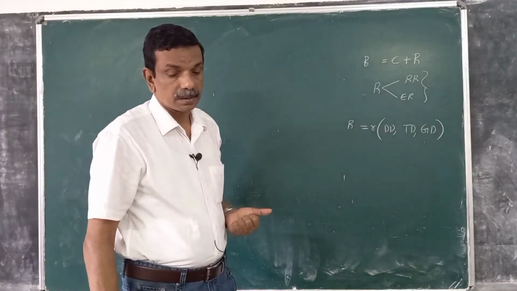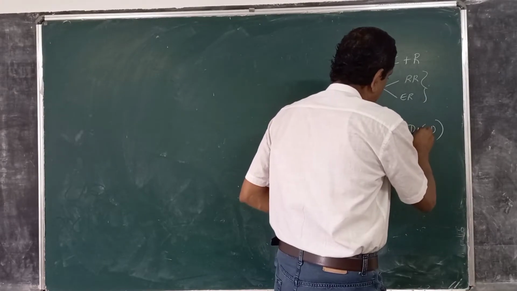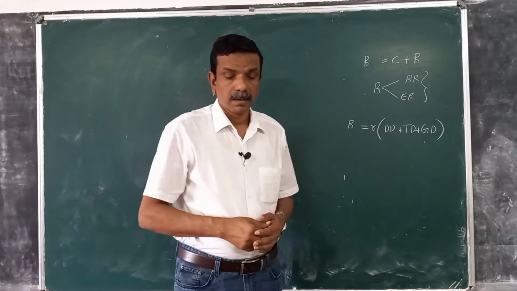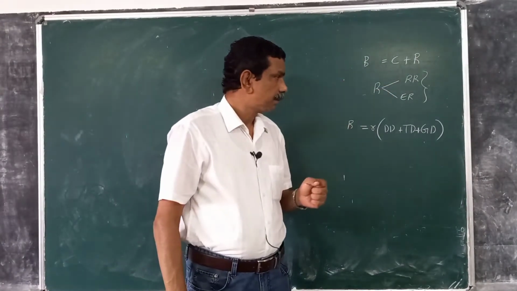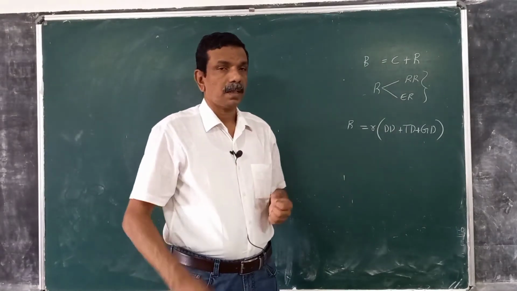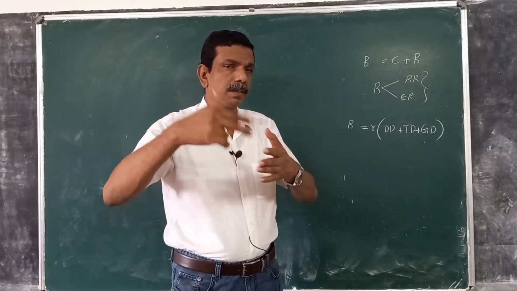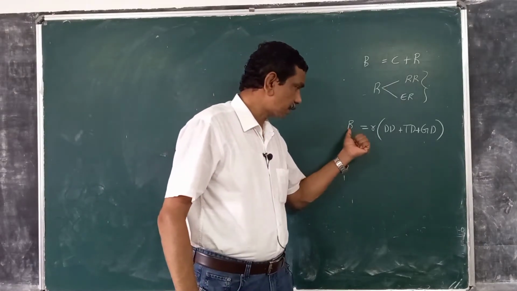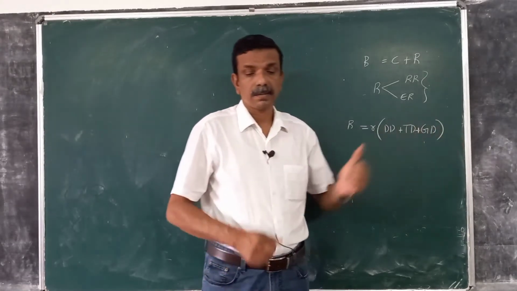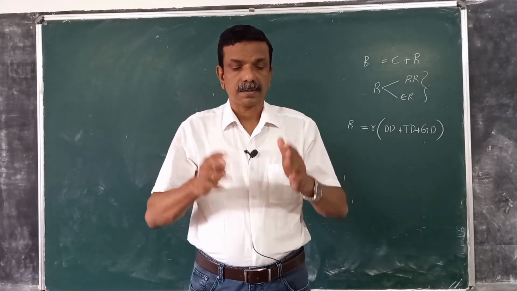In the previous example, we simply defined reserves as a fraction of demand deposits. Now we consider it as a fraction R of demand deposits, time deposits, and government deposits. That is the difference.